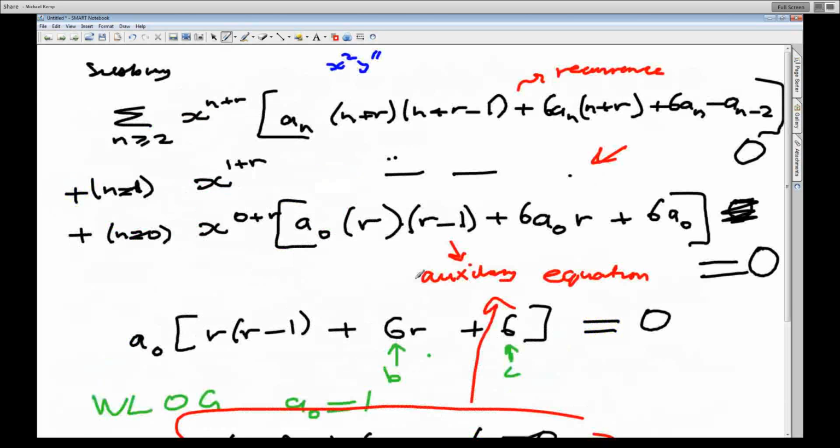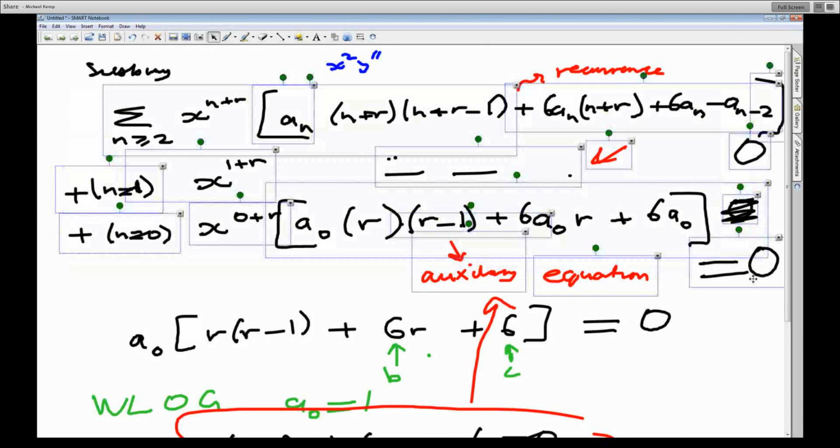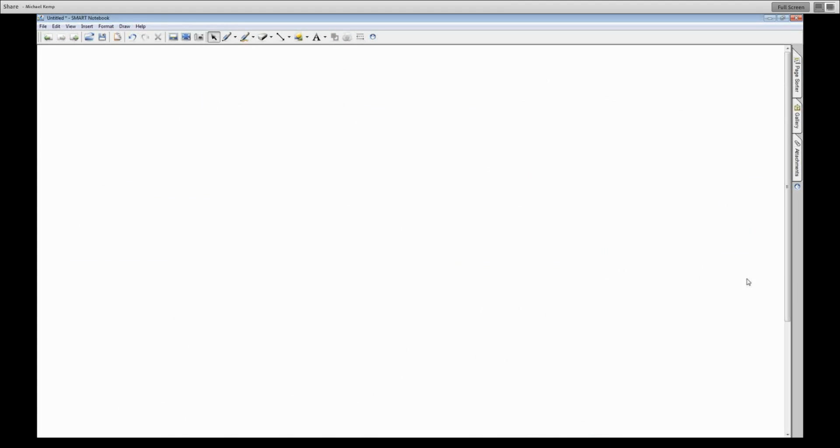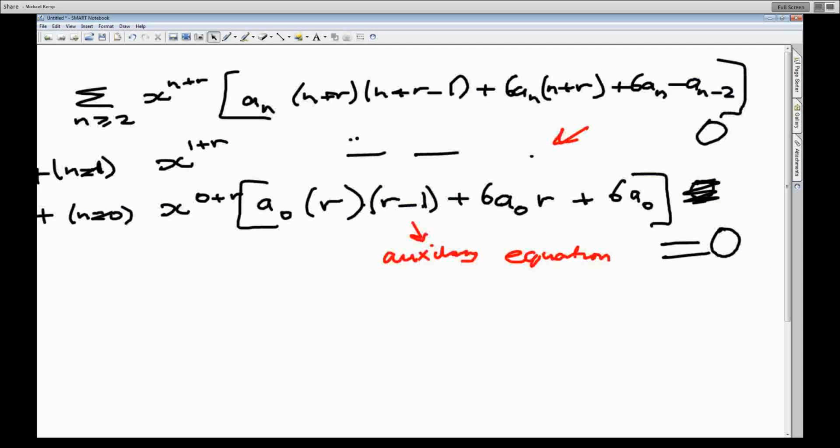The way to do that is to use this recurrence relationship in general and also in any special cases. So I should write down what these special cases are explicitly. This is what it is in general, so each of these coefficients must be equal to 0.